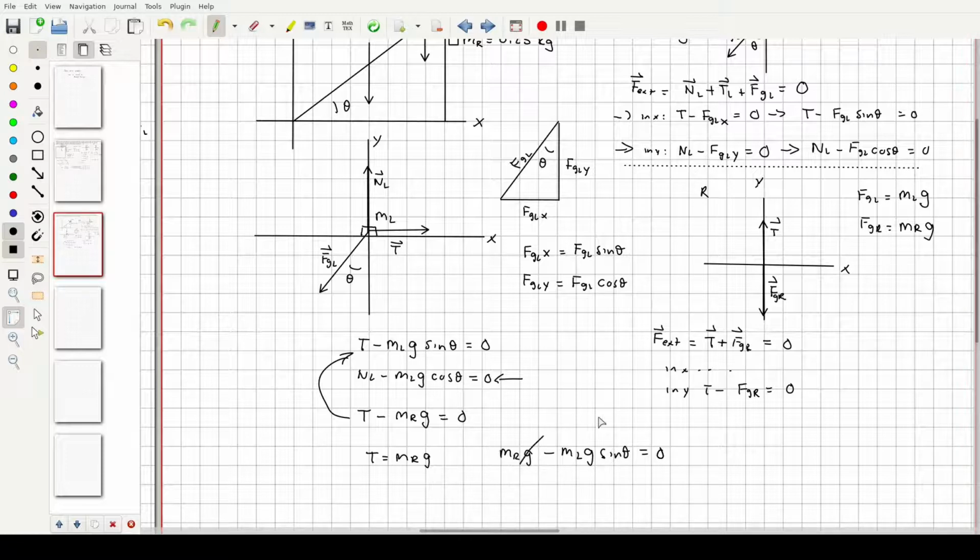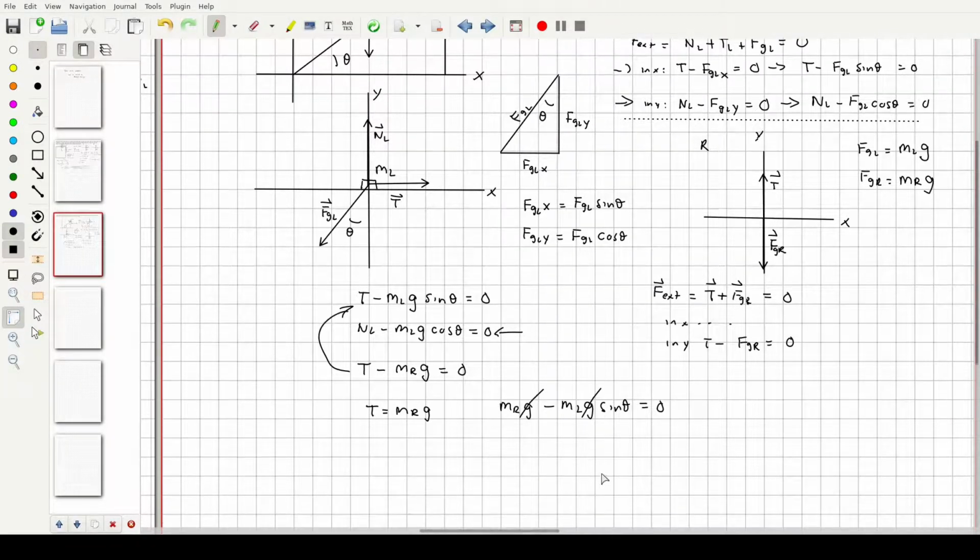Now the G's cancel. All right. And what we have here is that MR minus ML sine theta is equal to 0. If we solve for sine of theta by moving this to the side and then dividing both sides by ML, we get this.